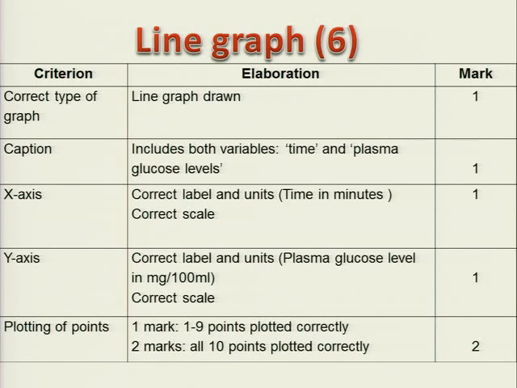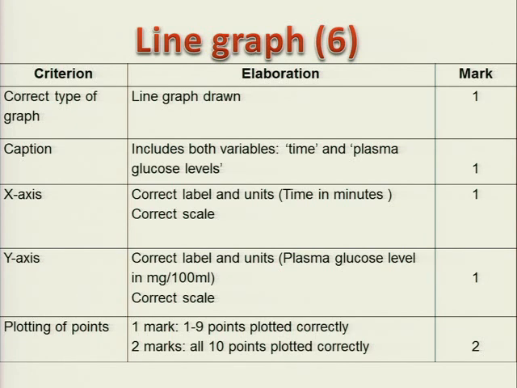Number 2, under criterion, if there is a caption, a heading of the graph, then you qualify for your 1 mark. If you have also stated the x-axis correct labels and units with the correct scale, then you get your mark. The y-axis correct label and units, you also have your 1 mark.